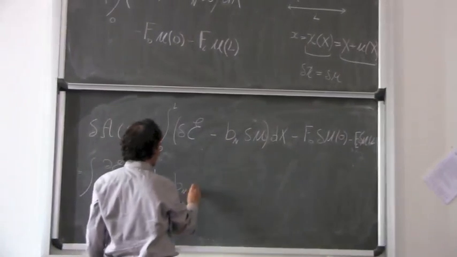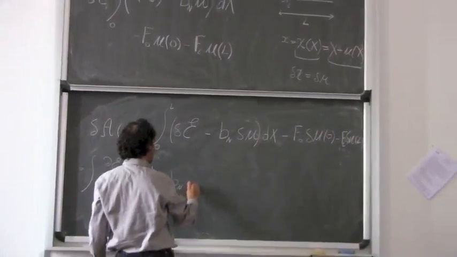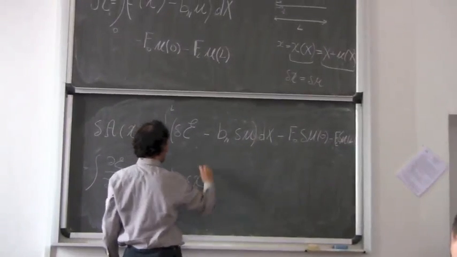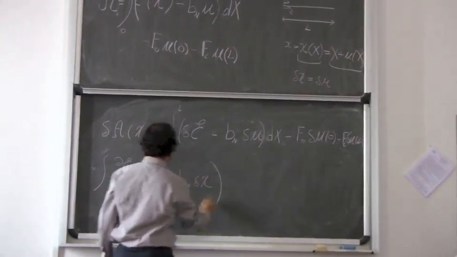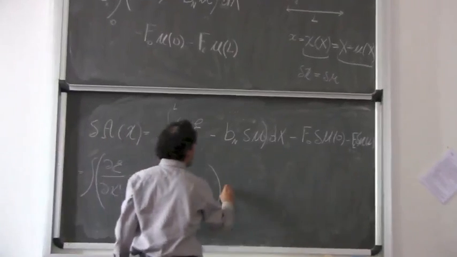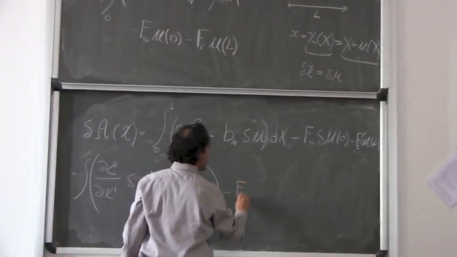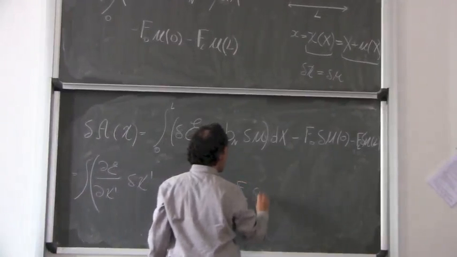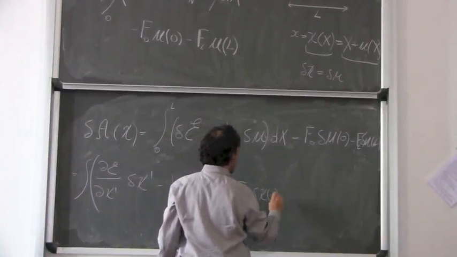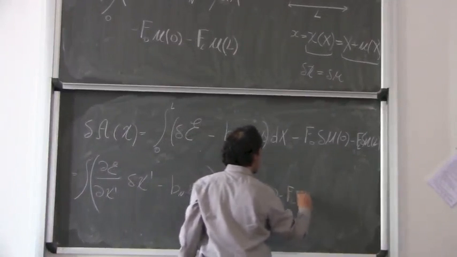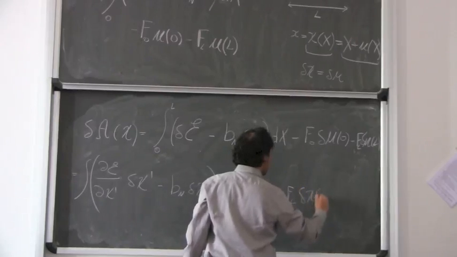That means that here we can have delta t and so on. This is minus f0 delta t in 0 minus fl delta t at L.